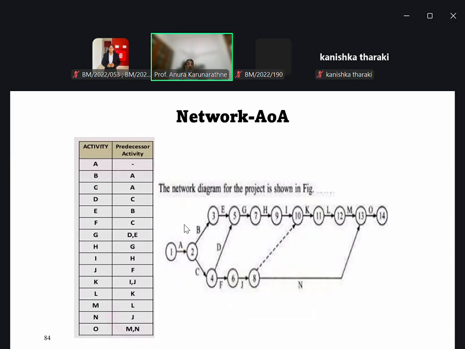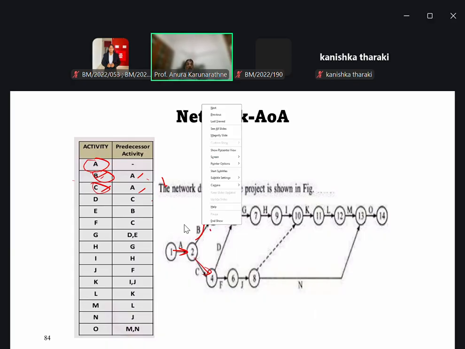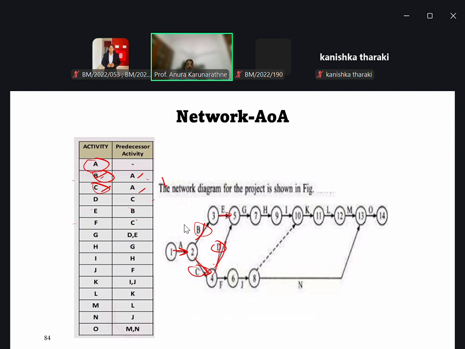A has no immediate predecessor, so we can start from A. After completing A, we can start both B and C. D we can start after completing C. E we can start after completing B. F we can start after completing C. So you have to decide which is the correct direction.